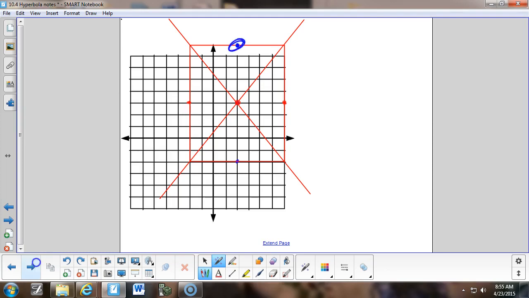These points, this one and this one, because the Y came first in the Y direction, those become the vertices. There's only 2 vertices with this graph. Just like with a parabola, a parabola has 1 vertex, but this one has 2 because there's an upward branch and a downward branch.